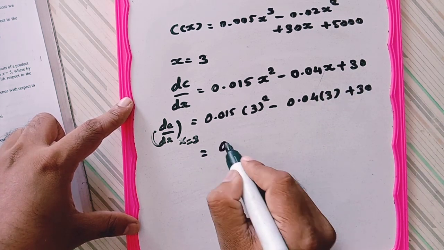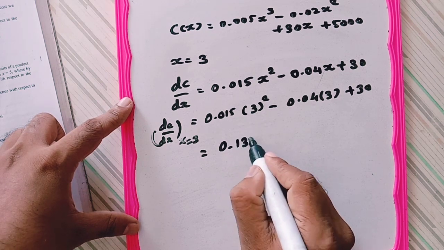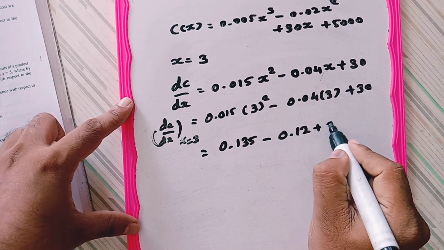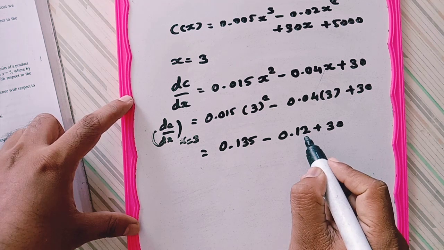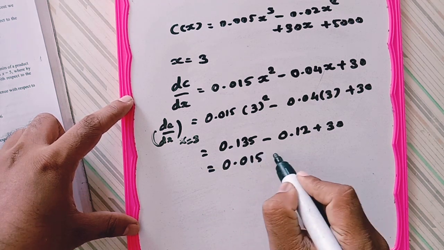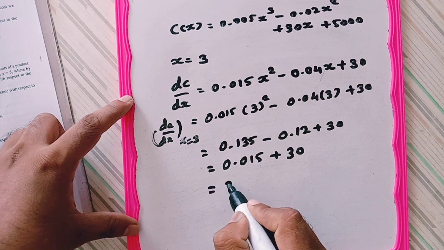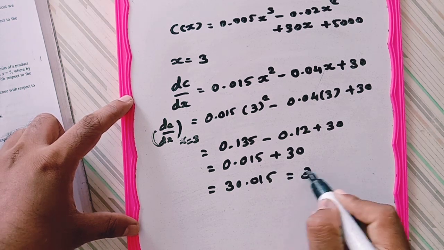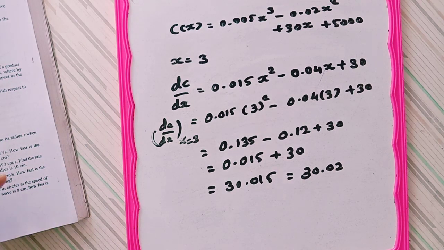So we can write 0.015 into 9, which is 0.135, minus 0.12 plus 30, and so 0.135 minus 0.12 will be 0.015 plus 30, and so the answer will be 30.015, which is approximately 30.02 units.